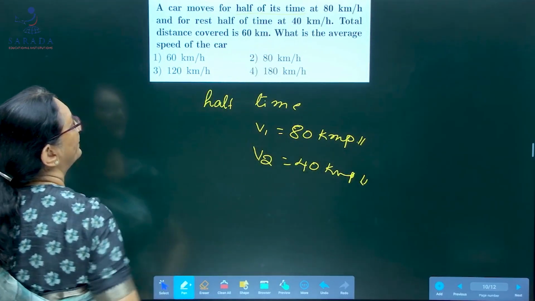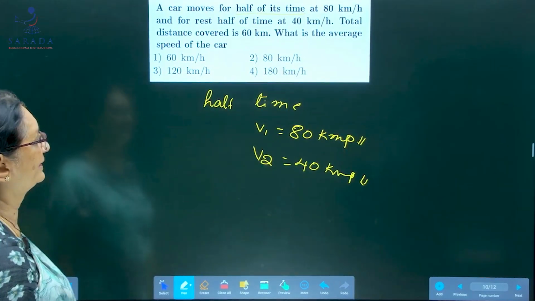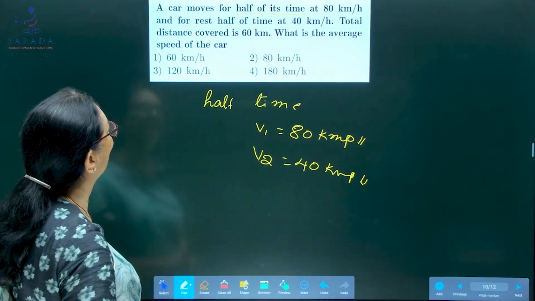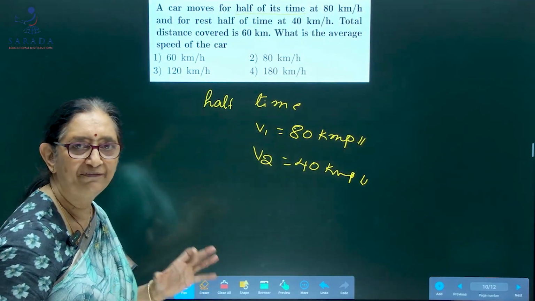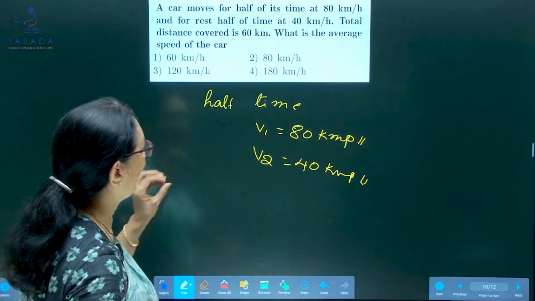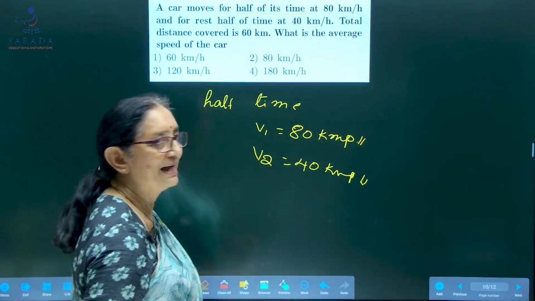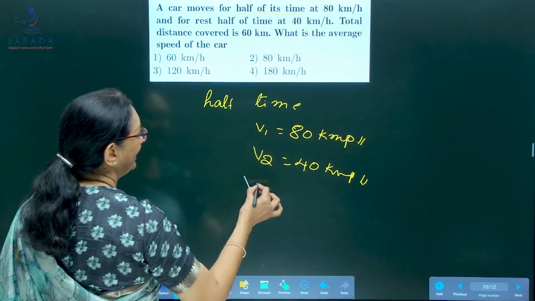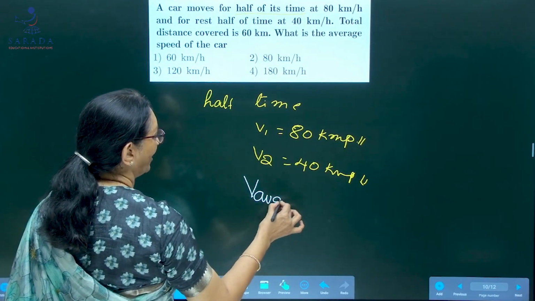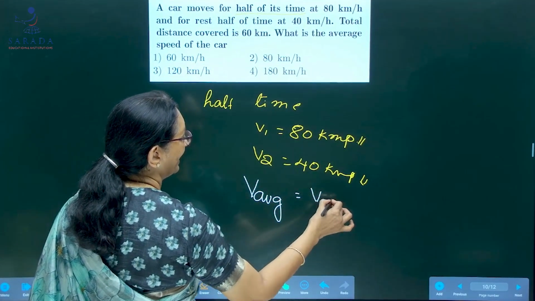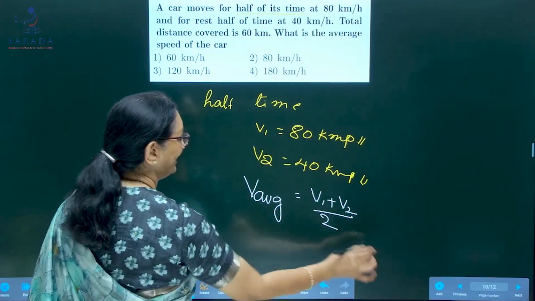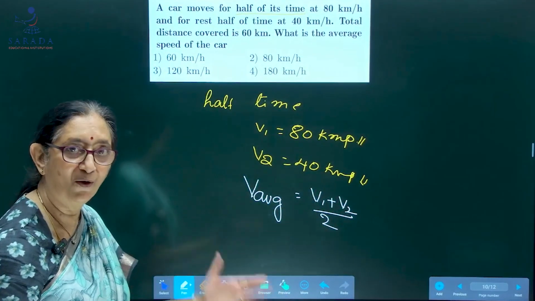Total distance covered is 60 kilometers. What is the average speed? If a body covers half the time with V1, half the time with V2, we know the average velocity is just V1 plus V2 by 2. We know that formula already.